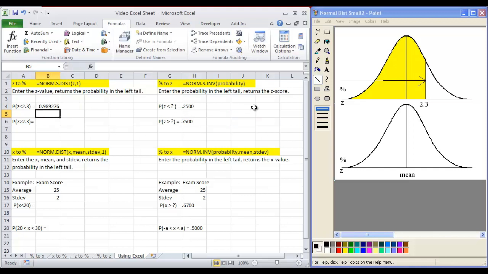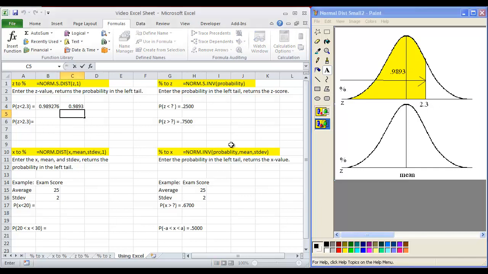We're going to get a 98% there, 0.9893. So in this case, we found that this value right here is 0.9893. Reading that from a summary conclusion, from the top down, 98.9% of our values are going to be 2.3 standard deviations away from the mean or less.